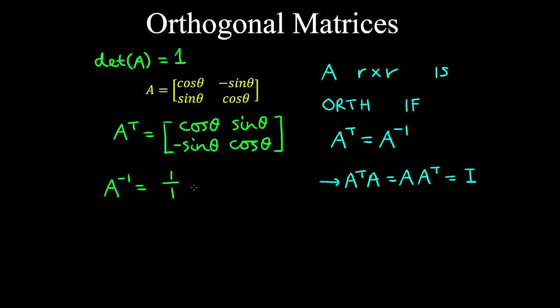So the inverse is 1 on 1, and we swap the cosine thetas, and negate the sine thetas. So these two matrices are the same.